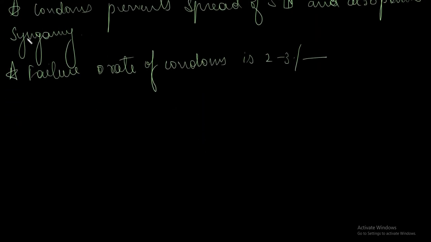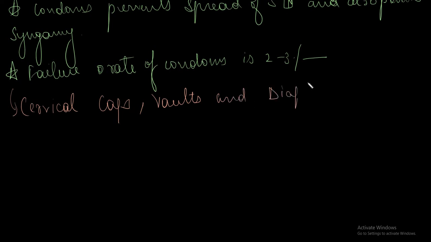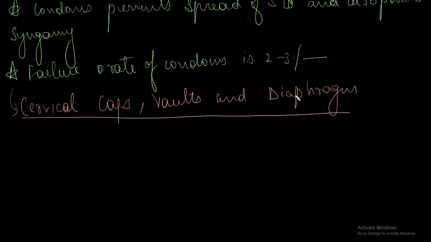We are discussing the physical barriers. The next point in physical barriers is cervical caps, vaults and diaphragm. Now students, I will write 4 main points. I suggest you write these 4 important points. They are very important.